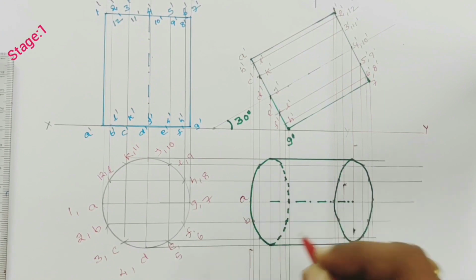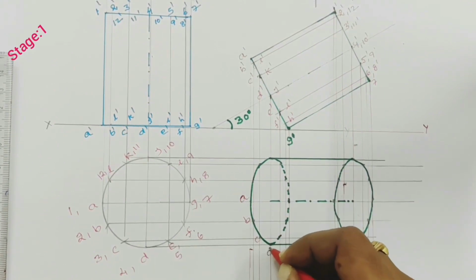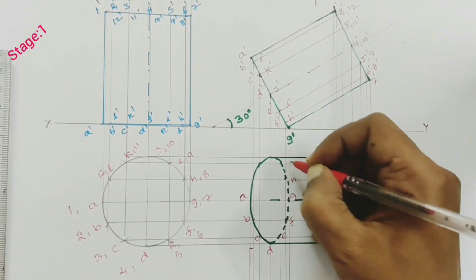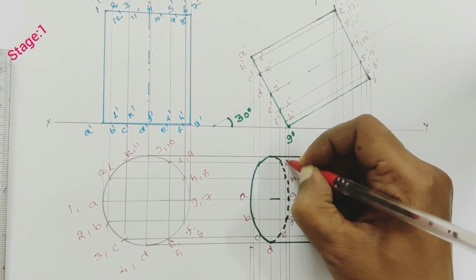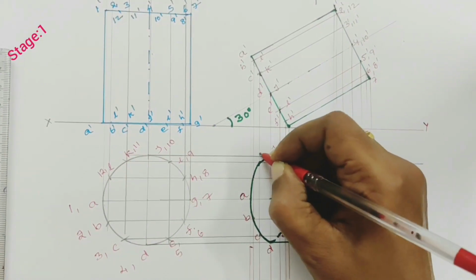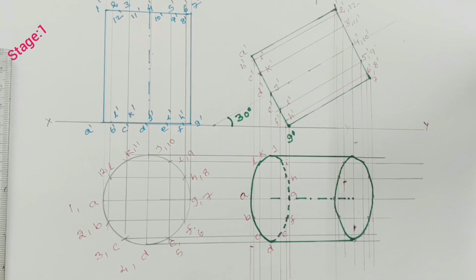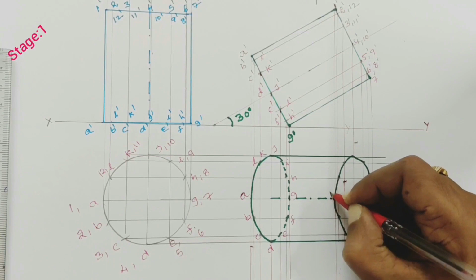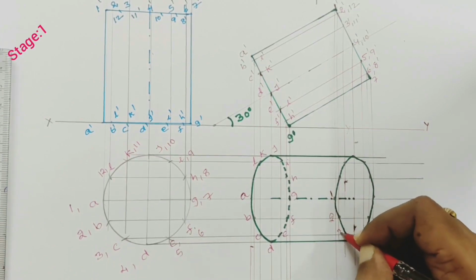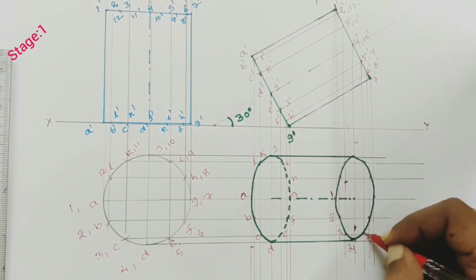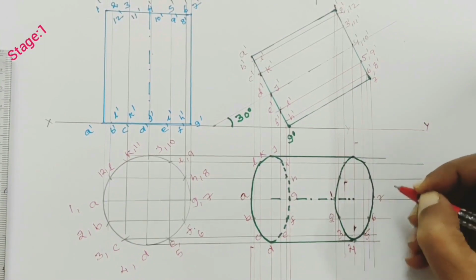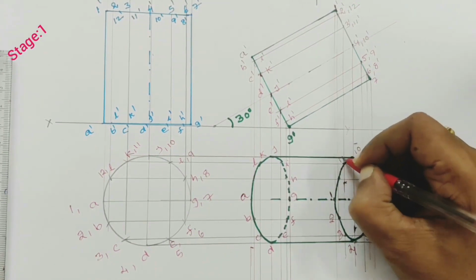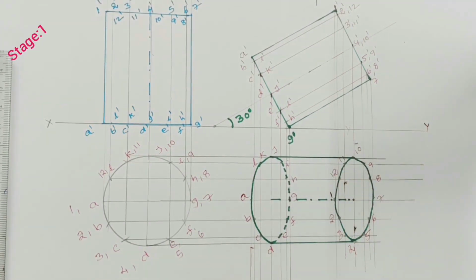A, B, C, D, E, F, G, H, I, J, K, L. Similarly for this top base also. Say 1, 2, 3, 4, 5, 6, 7, 8, 9, 10, 11, 12.